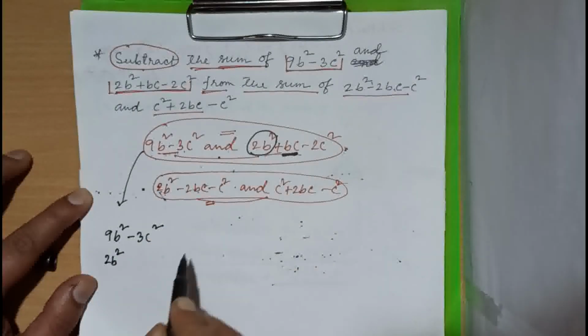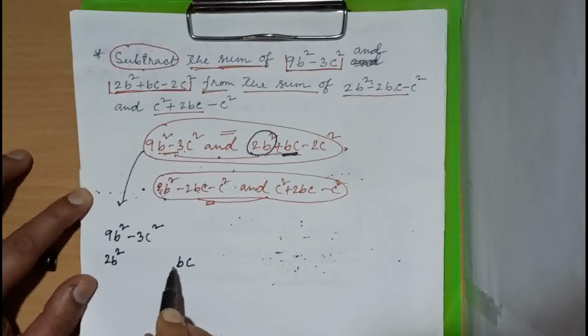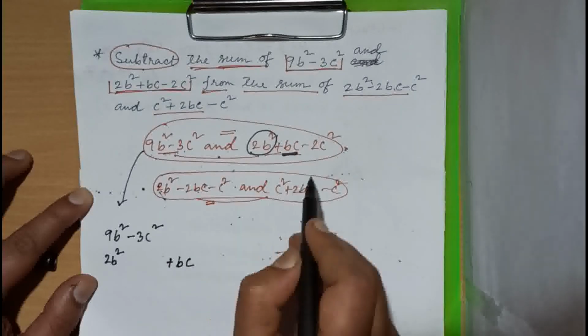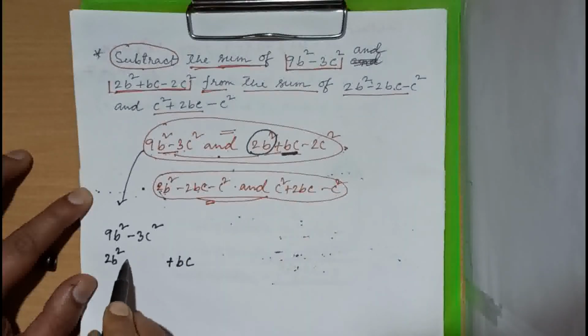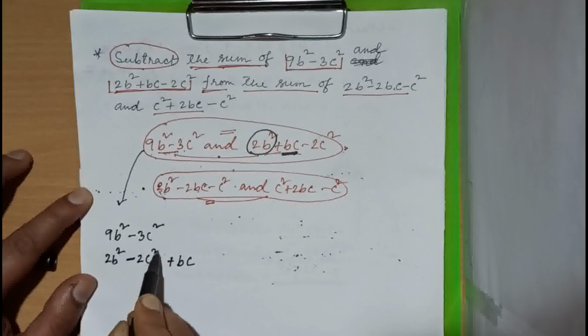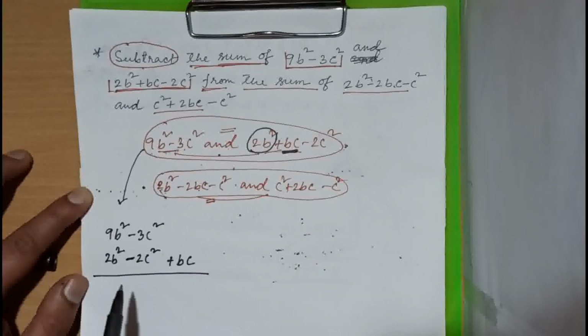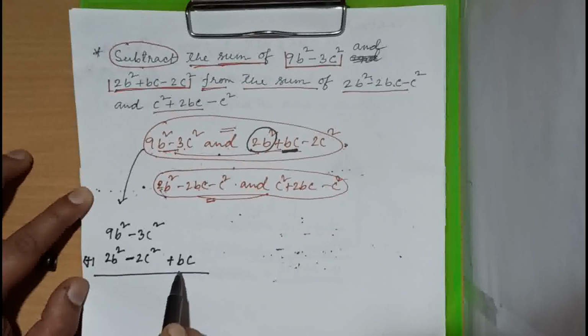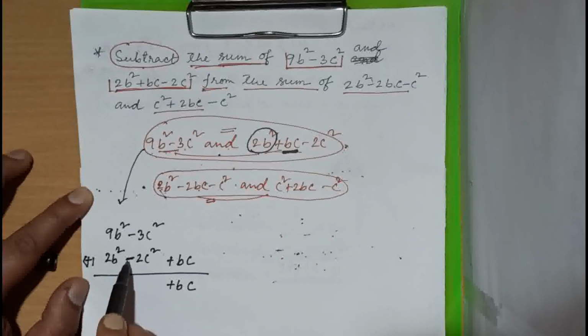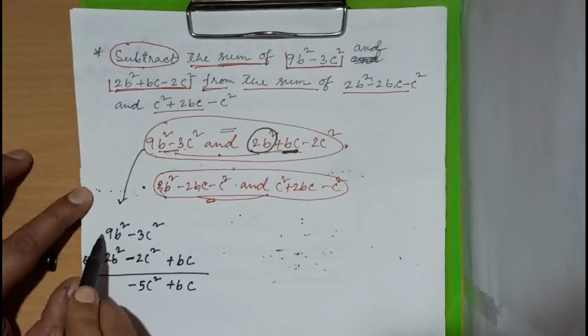So this bc I will write here, and since it is a positive bc, I will give positive bc. Now it is minus 2c square. This is the like term, so minus 2c square. We are going to find the sum. That means we will add them. So when we add, there is no change of sign. So simply this bc will come here. Minus 3 and minus 2 will give you minus 5 and c square. Now plus 9 plus 2 will give you 11 and b square.